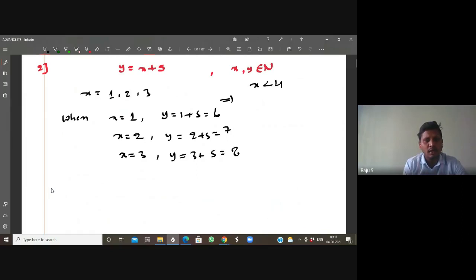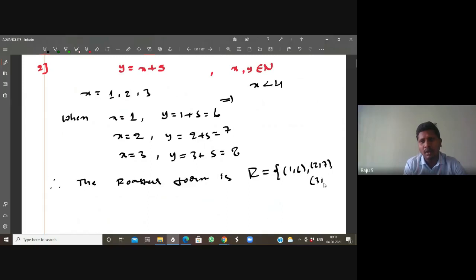Therefore we got the relation in roster form. Roster form is capital R is equal to, you can write the possible ordered pairs, (1, 6), (2, 7), (3, 8). I have written the roster form, therefore the domain.